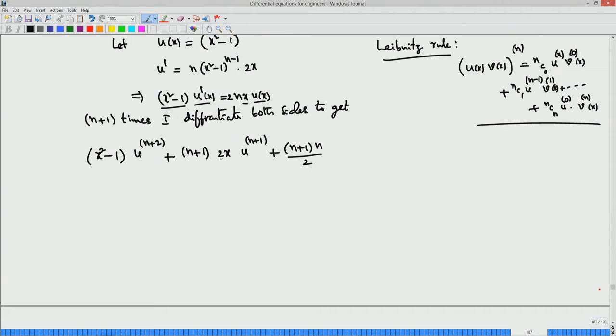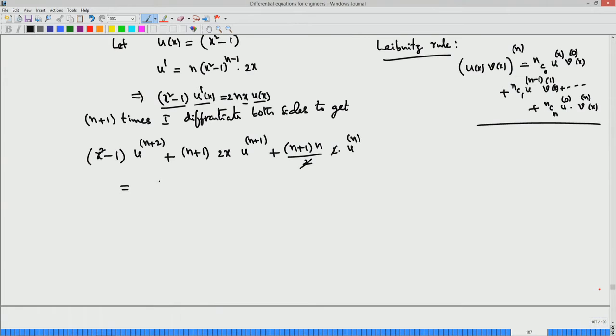So you have 2x; now I can differentiate twice the x² − 1, which gives you 2, and here u^(n) derivatives. Next, for n+1C3, differentiating x² − 1 three times gives 0, so I do not have those other terms. This is what happens for the left hand side.